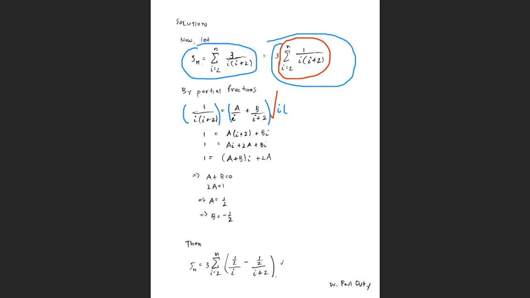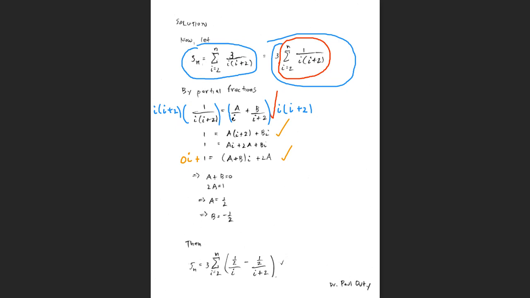So we'll multiply through the equation by the least common denominator, which is i times i plus 2. You get simplification on the left and on the right, and you arrive here. Then you set up your equation. You've done this before.